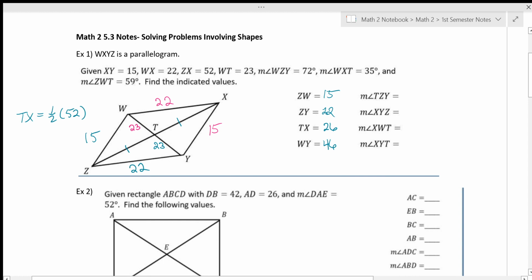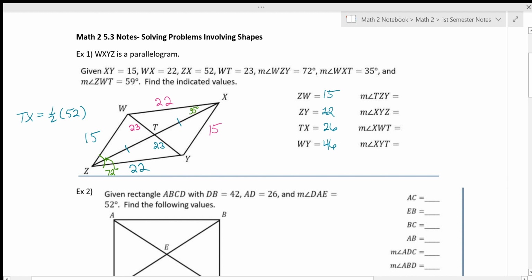Now we're going to go ahead and solve our angles. So we have some angle measures given to us. We have that W to Z to Y altogether is 72, so that angle right there is 72 degrees. We have that WXT is 35 degrees.